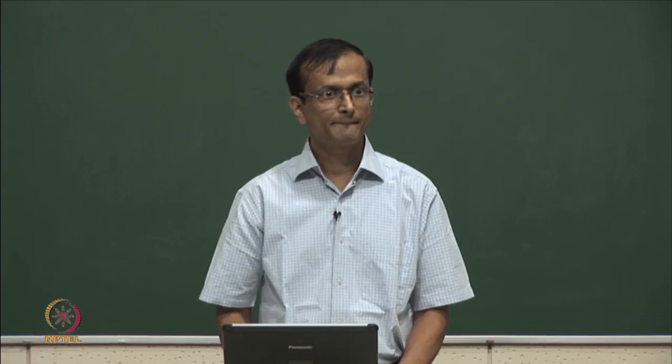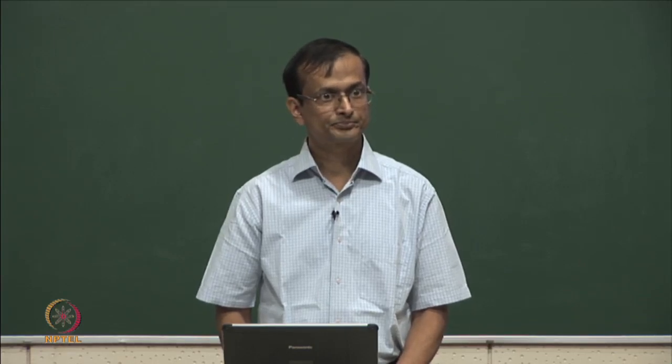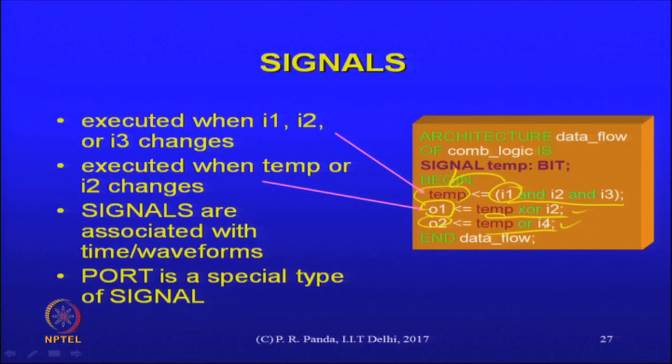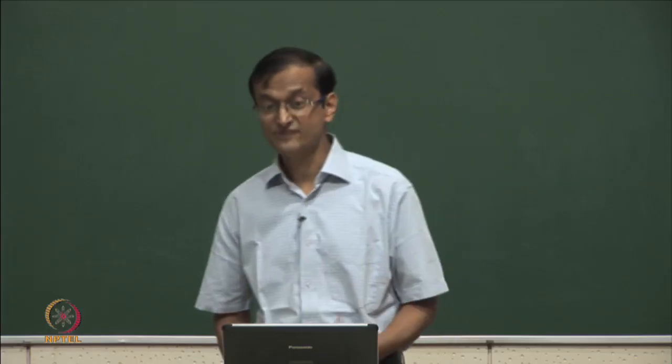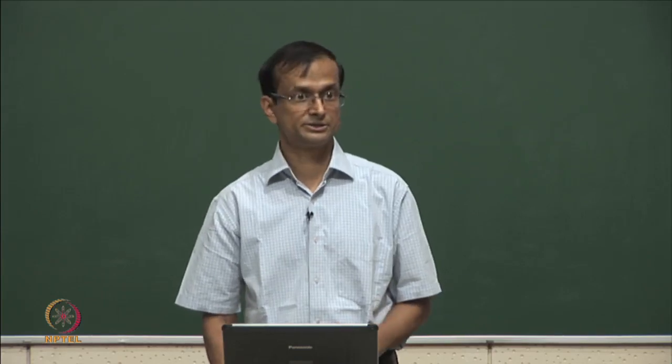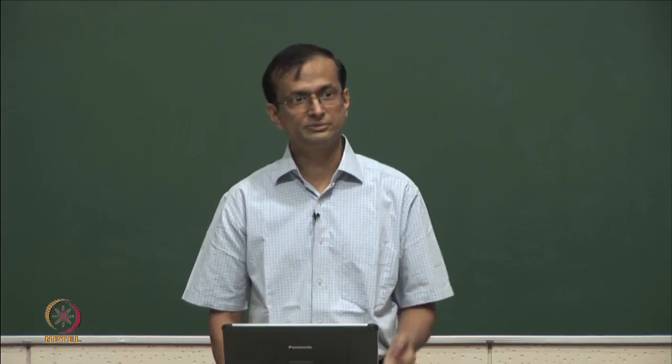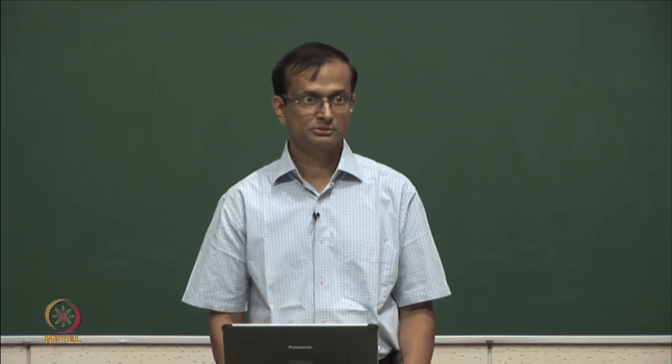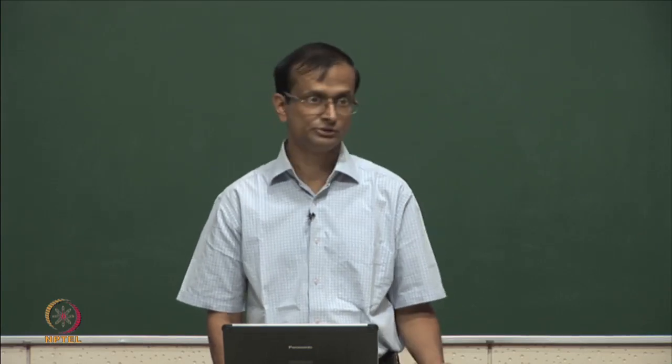Temp has a relation such that two of the inputs may change, but the output is not changing. I1 and I2 and I3. Suppose I2 and I3 both change. The rule is if any of them changes, then that statement is executed, which means if two of them change, it would also be executed. If all three change, then too it would be executed.